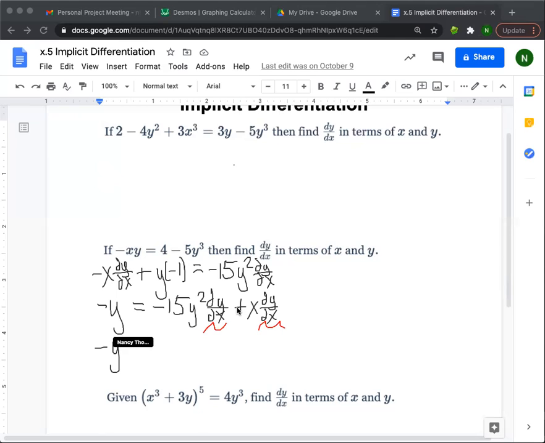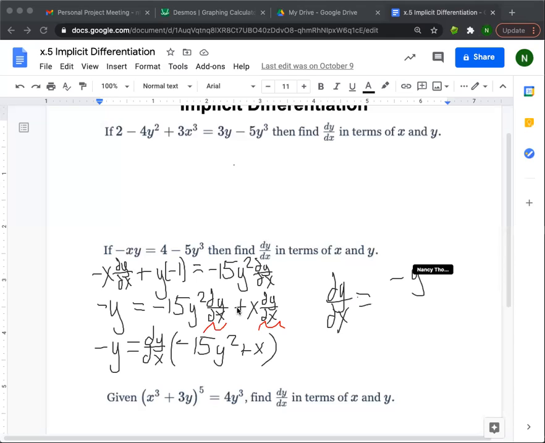So I'm left with negative y equals dy/dx times negative 15y squared plus x. So my final answer is that dy/dx is equal to negative y divided by the quantity of negative 15y squared plus x.